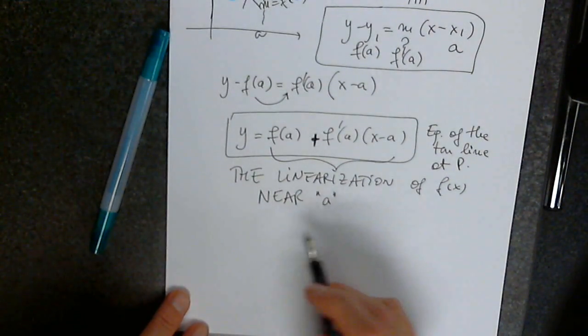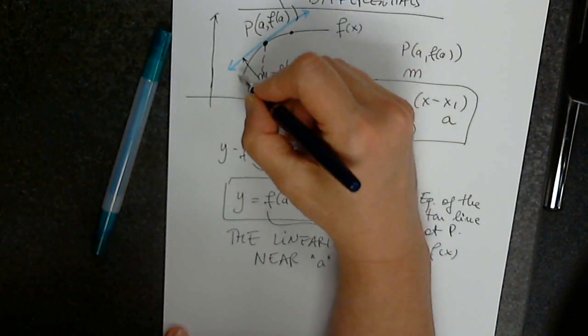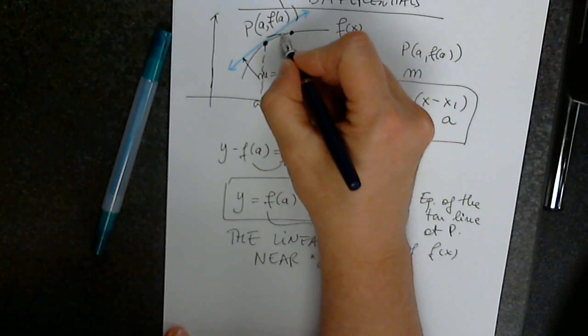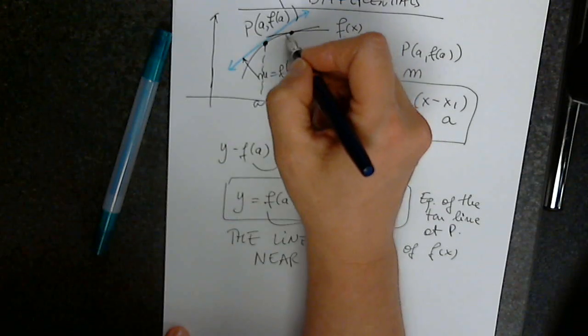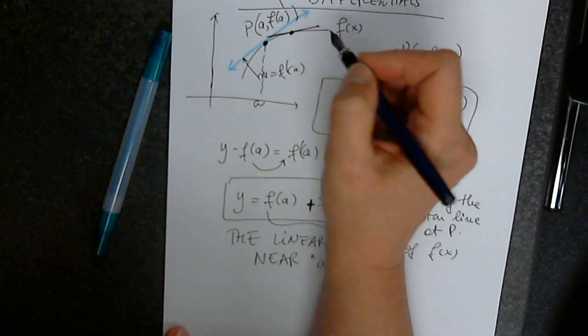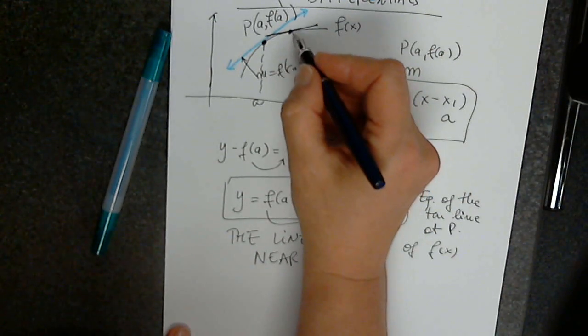So what does this mean? It means that at every point on the graph, I can find the equation of the tangent line, and I could use the equation of the tangent line to approximate the value of the function at this point.